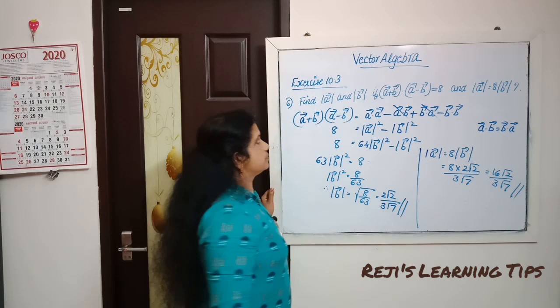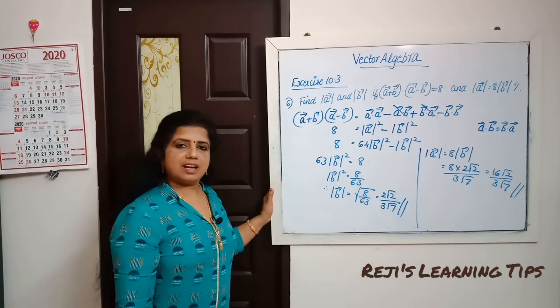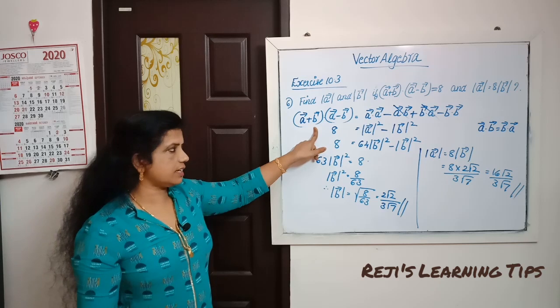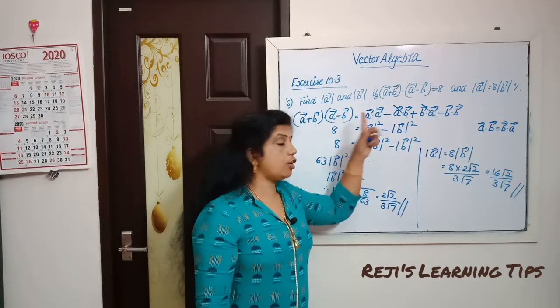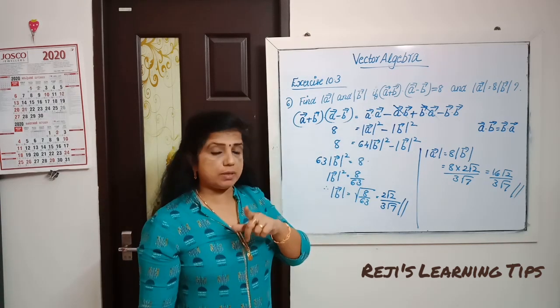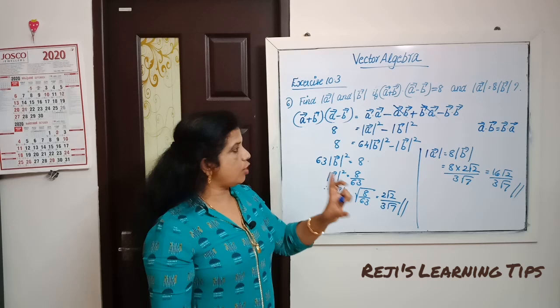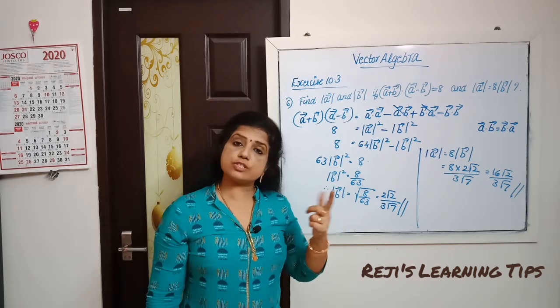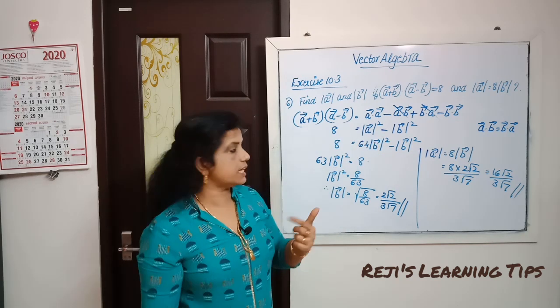Understood? First we open the bracket, then we get A dot A is modulus of A square, B dot B is modulus of B square, A dot B is equal to B dot A, so we cancel these two. Then modulus of A square minus modulus of B square is equal to 8.